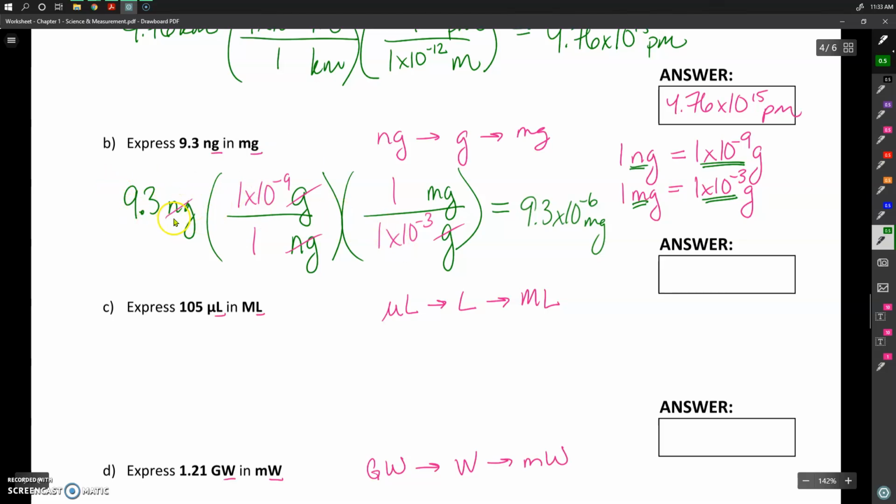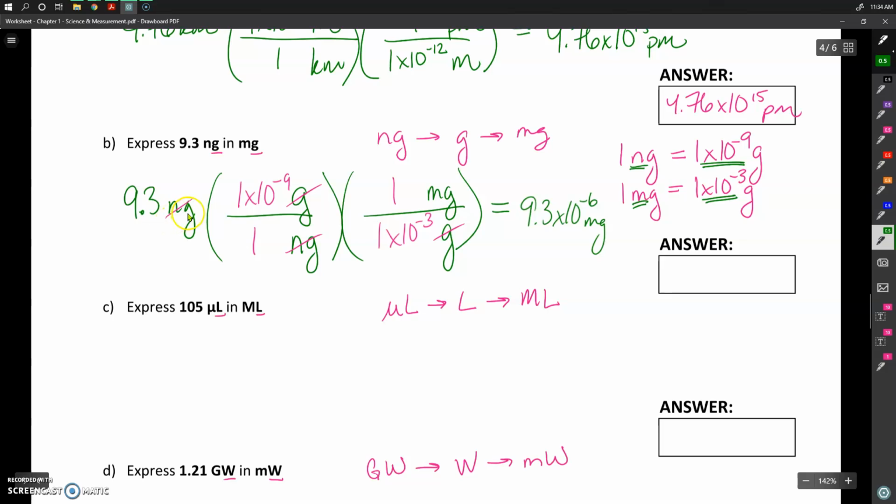Again, I can pay attention to what makes sense here for the units. I'm starting with 9.3 nanograms, which is a very, very small mass. Nanograms are a very, very tiny mass. I'm converting this into milligrams. Milligrams are a larger mass than nanograms. So it makes sense that the 9.3 is changing into something smaller than 9.3. 9.3 times 10 to the negative 6 is a smaller number than 9.3.